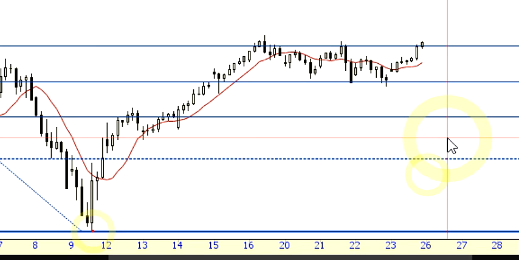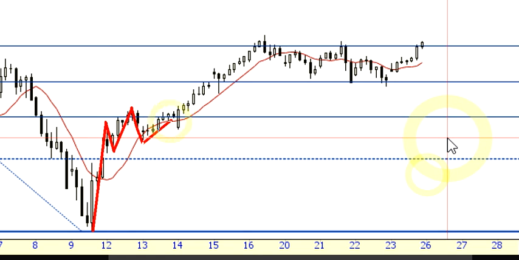You can see an A, B, C here, and then a down.